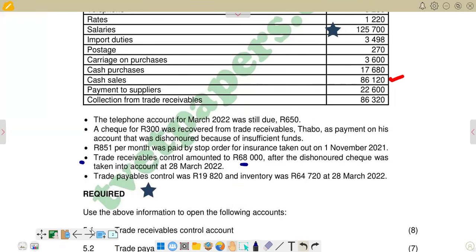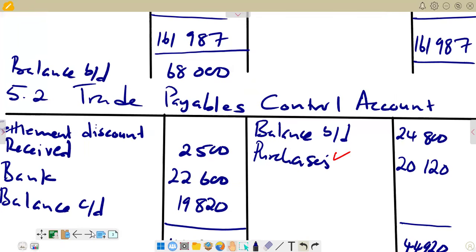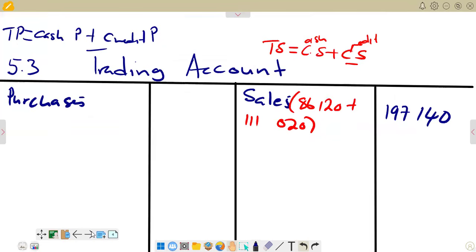We come here again and summarize the working. For purchases, again in brackets, the figure that we have as cash purchases, let's check again, is 17,680.